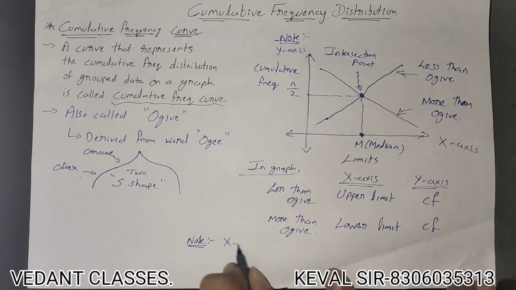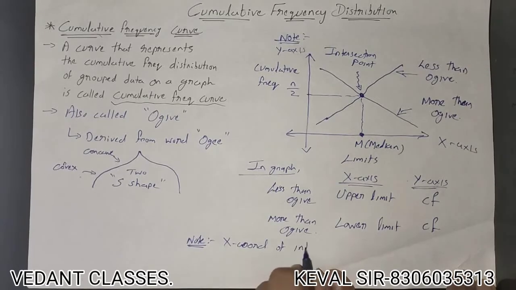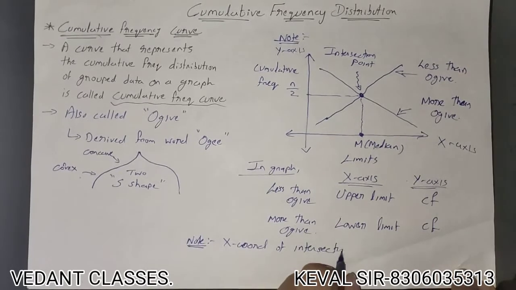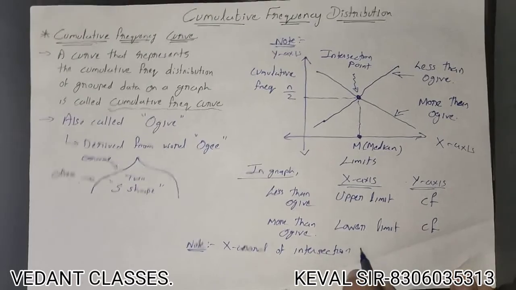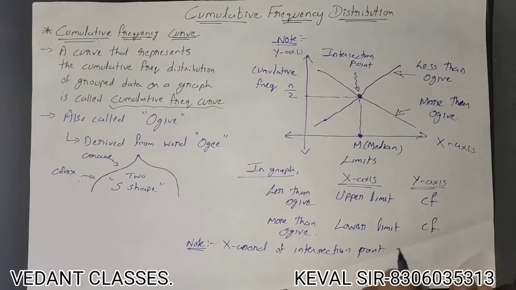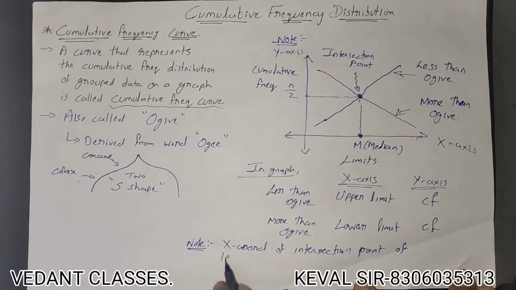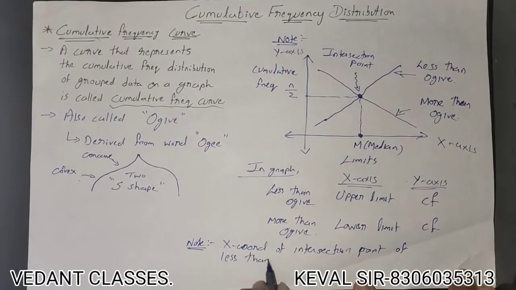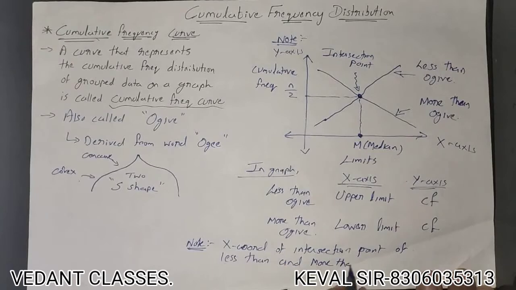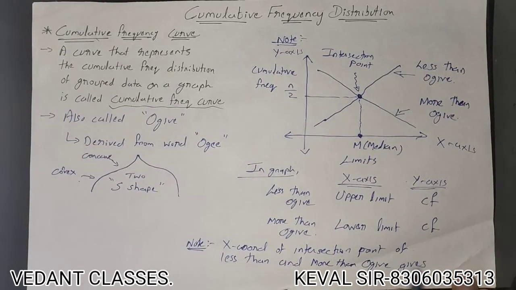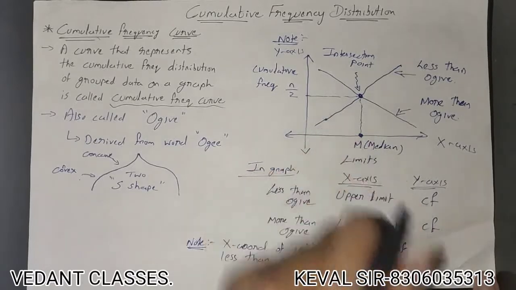One more important note, it can be asked as a one marker. Always remember that the x coordinate of the intersection point of less than and more than ogive gives the median.